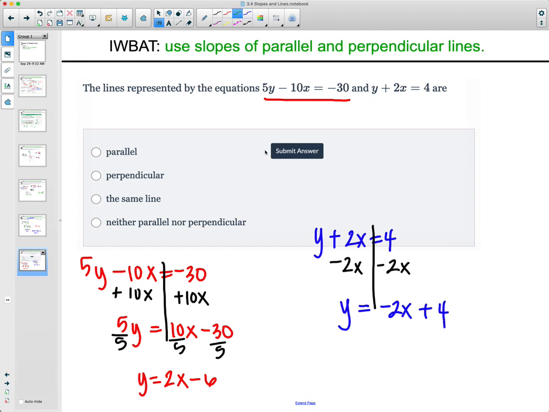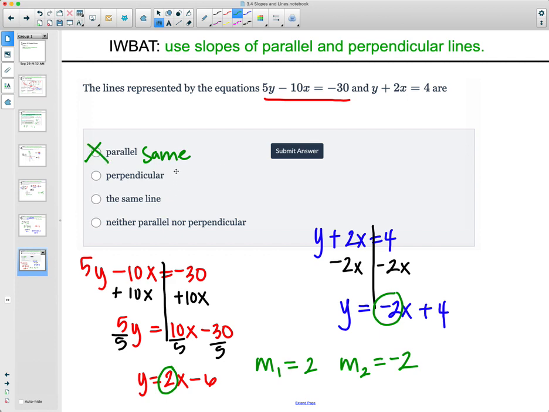So now we'll just analyze the slopes of these two lines. The slope of our first line is 2. The slope of our second line is negative 2. So in order to be parallel, they need to be the exact same, which they are not. One is positive, one is negative.